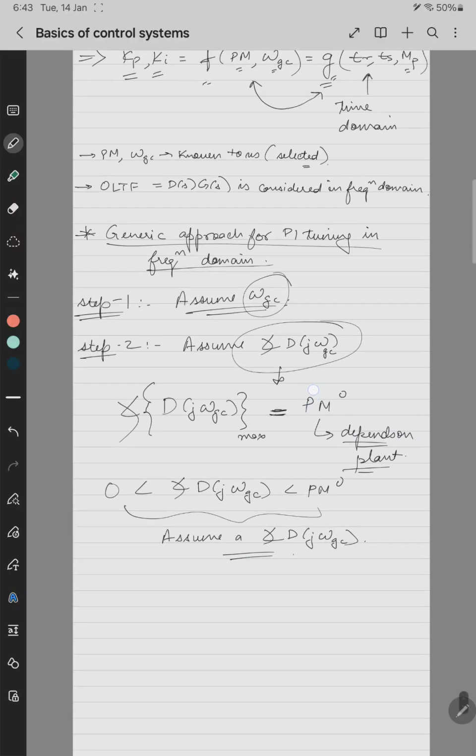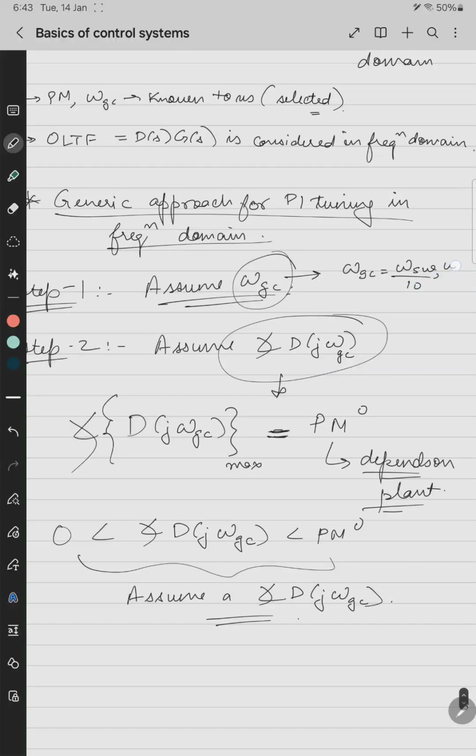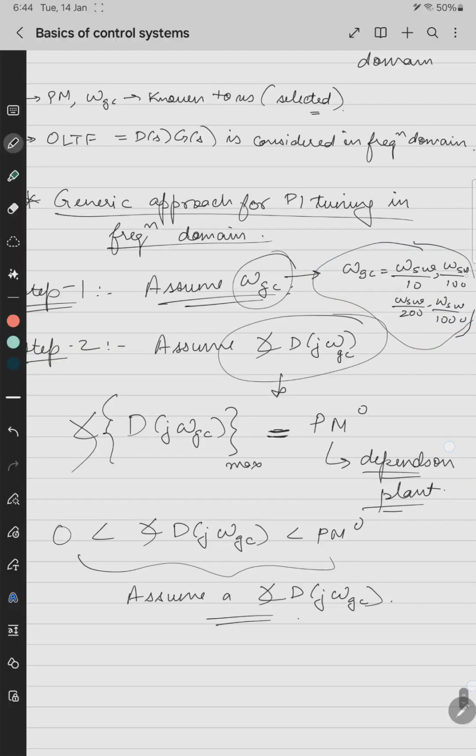Step 1 is the assumption of omega GC. For omega GC in a power electronic converter, we take omega switching by 10, omega switching by 100, omega switching by 200, or omega switching by 1000. All this we can assume, and that depends on the plant.